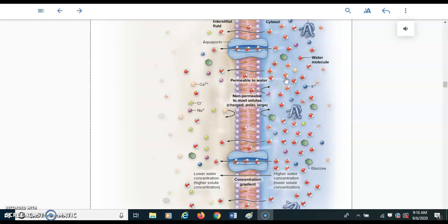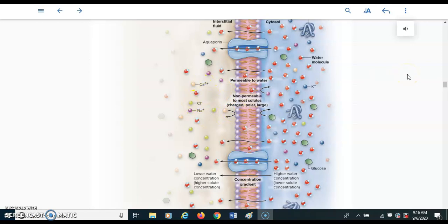The actual reason that water moves is so that it can get equal amounts of solute on either side of the membrane. The reason for water movement is so that solute concentration, which are all these atoms, ions, and molecules, is equal or reaches equilibrium on either side of the plasma membrane.